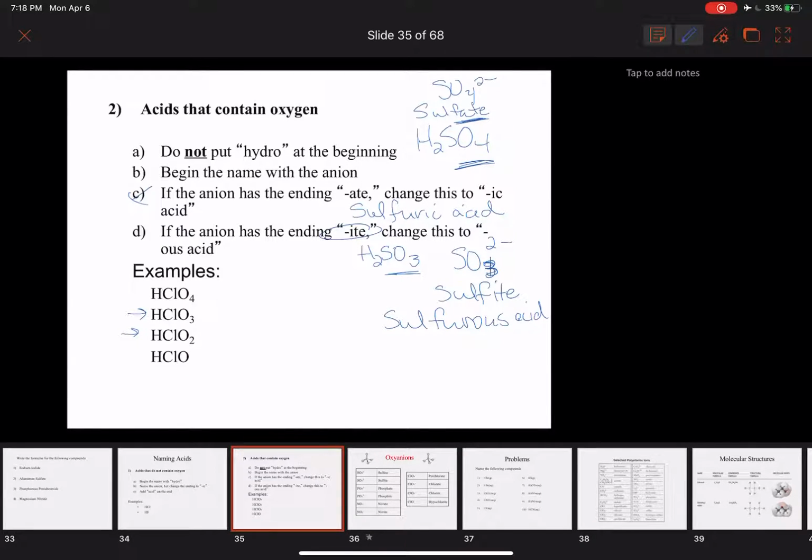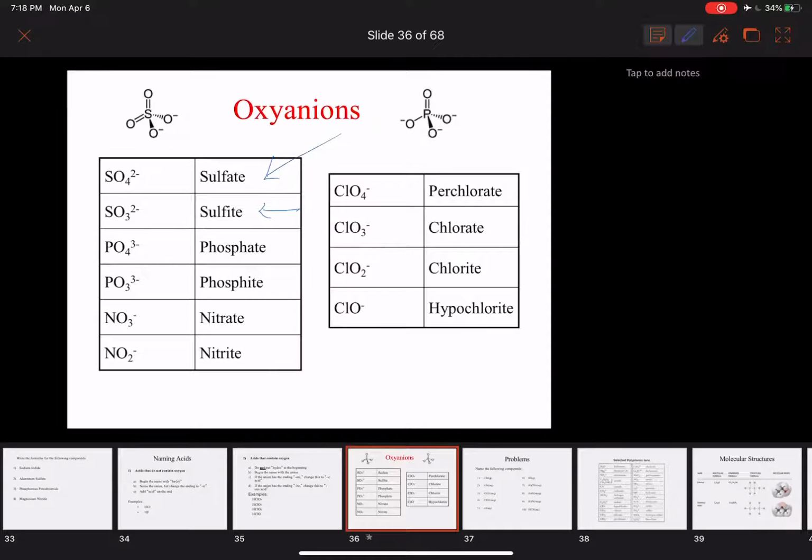So this one right here would be the "ate" ending, and this one would be the "ite" ending, because the "ate" ending indicates that we have more oxygens, and the "ite" ending means that we have fewer oxygens. And we can see those anions right here. So we've got chlorate and chlorite.